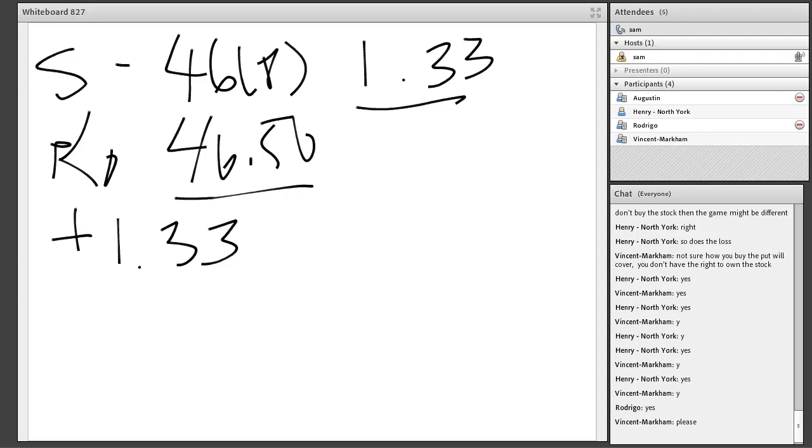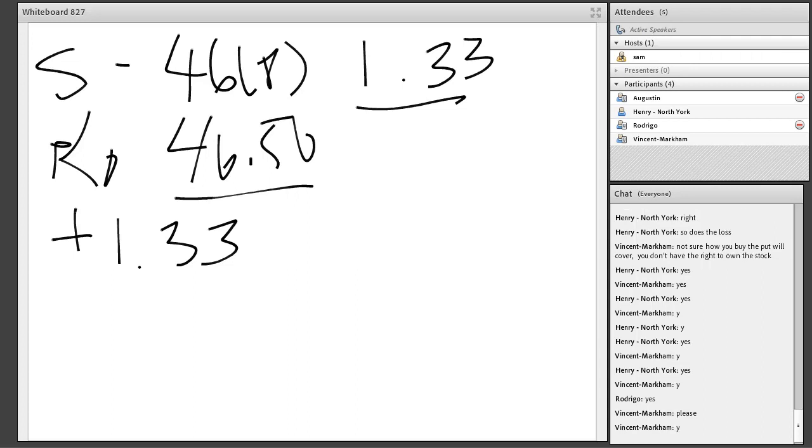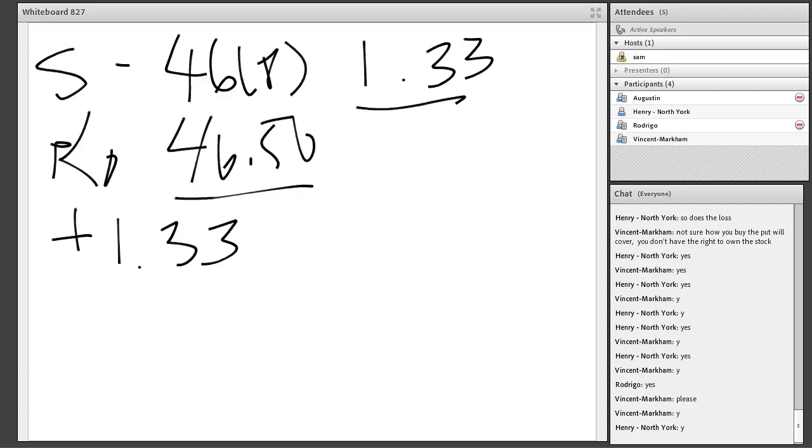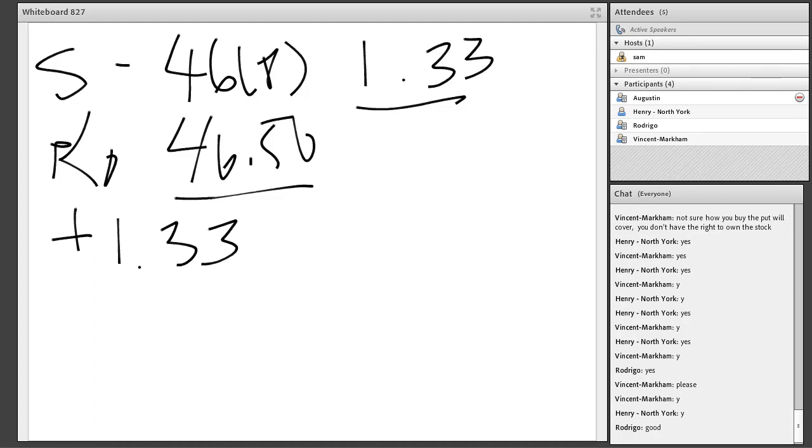If it stays exactly at 46.50, the option is worthless, right? So I bring in $1.33. Everybody with me? Good. Rodrigo, you good?